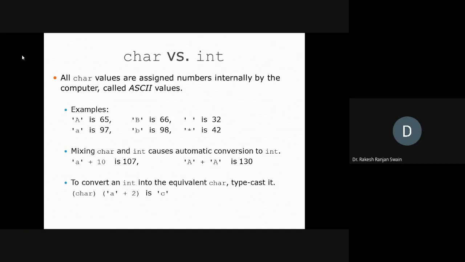So whenever I declare a character, suppose char c equal to capital letter A, in the computer, for each character an ASCII value is stored. The full form is American Standard Code for Information Interchange. Each character has a predefined ASCII value stored.